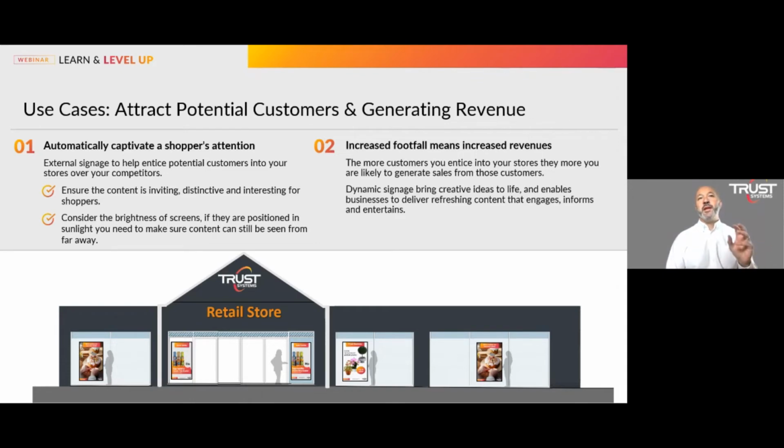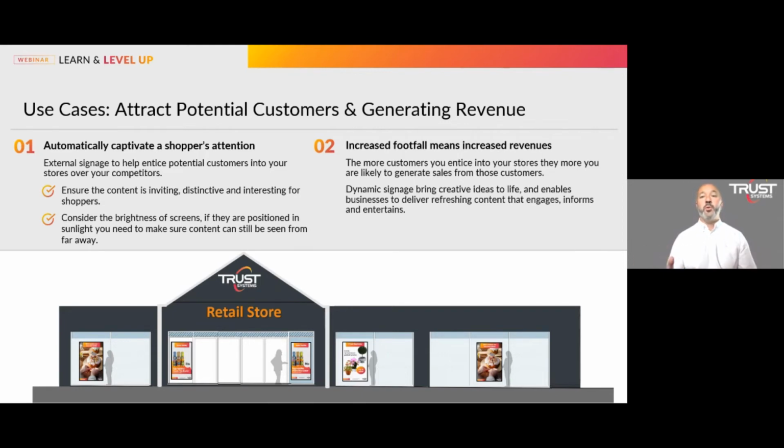As we've talked through here, captivating a shopper's attention is critical. Therefore, understanding the content to make sure it's interesting and dynamic. You might want to change the content based on the time of day. You might have different profiles of shoppers in the morning to the afternoon, so making sure the content is relevant is something you can't do so much with paper and fixed static promotions.